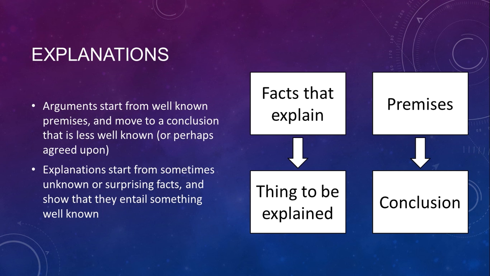Does that mean that an explanation lacks a stated conclusion? Typically, explanations have stated conclusions. Philosophers talk about the explanans and the explanandum. The explanans is the part that does the explaining, and the explanandum is the thing to be explained.